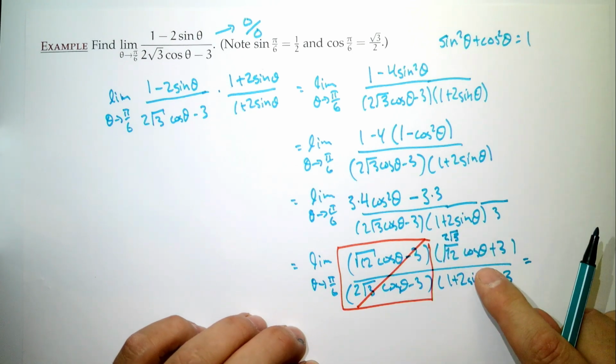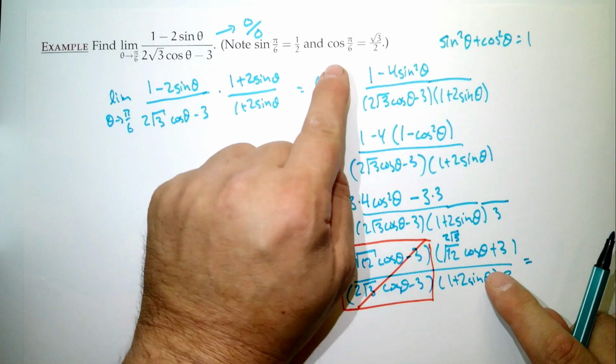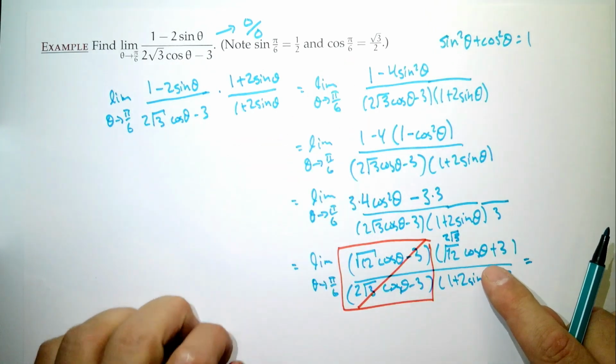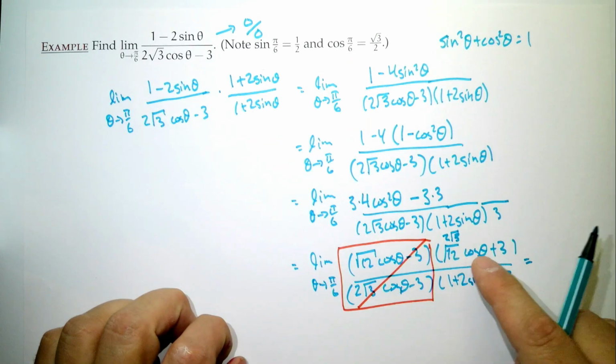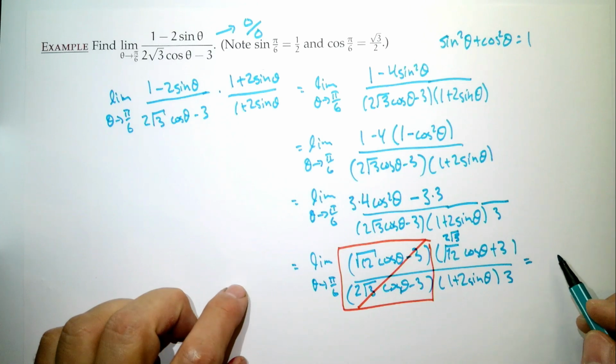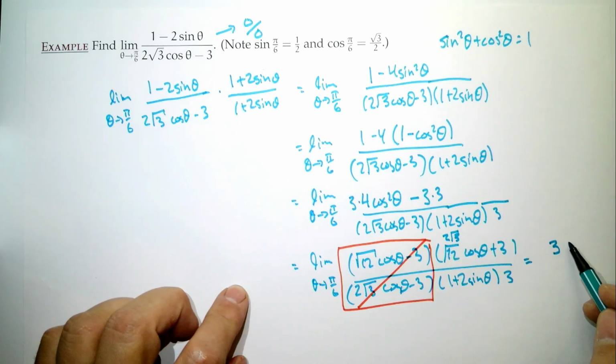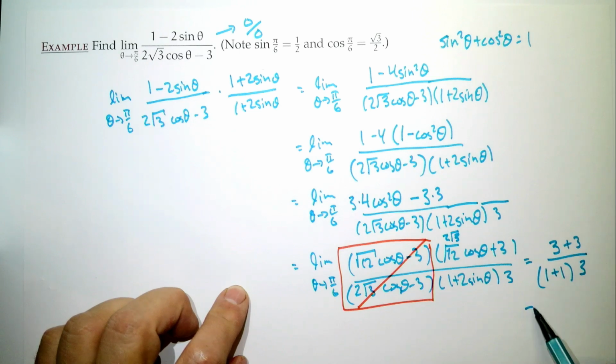Good things happen to good people. All right. Cosine pi over 6 is root 3 over 2. 2 times root 3 times square root of 3 over 2 will simplify to be 3 plus 3 more. Downstairs we're going to get 1 plus 1 more times 3. Well, that means we're going to end up with 6 over 6, giving us a final answer of 1.